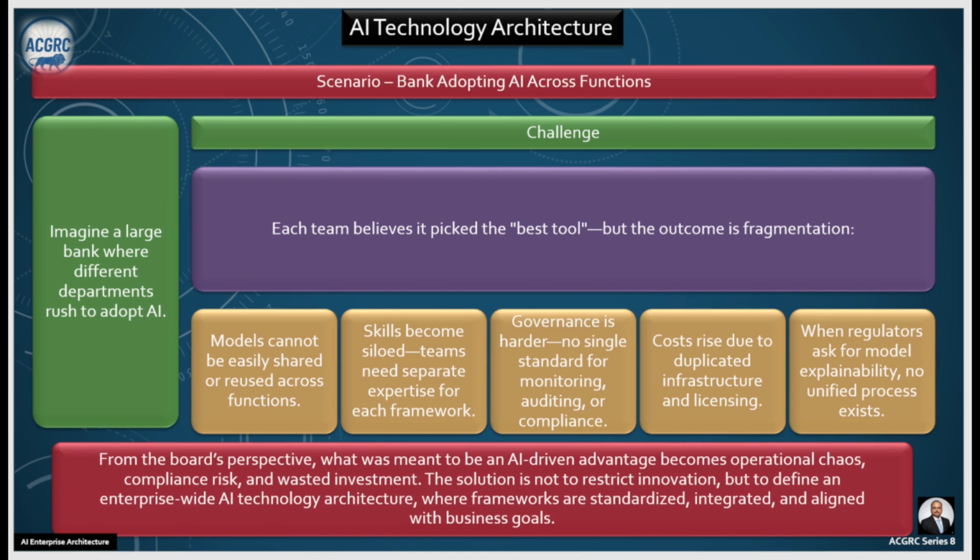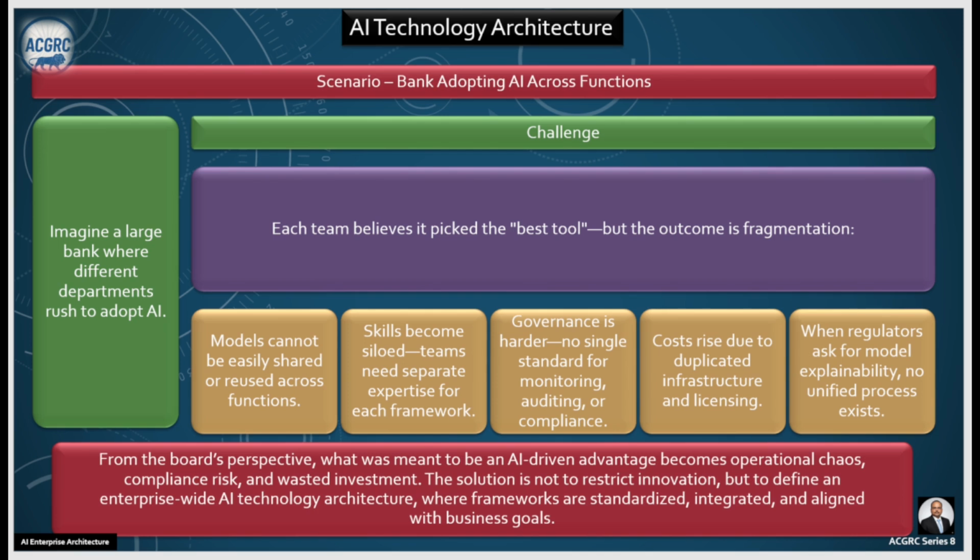And when regulators come asking for model explainability, no unified process exists. What was meant to be an AI driven advantage becomes operational chaos. Compliance risk and wasted investment stare at the board.